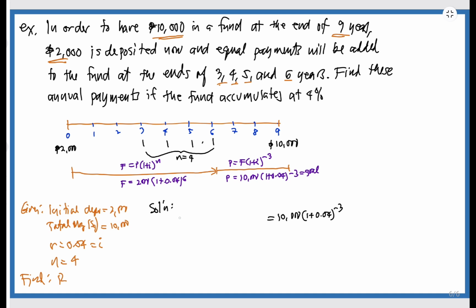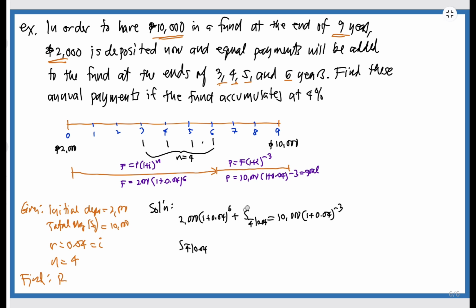Right? In other words, that's 2,000 times 1 plus 0.04 raised to 6 plus S, annuity, right? With N 4, i 0.04, isn't it? So we'll have S4 at 0.04.